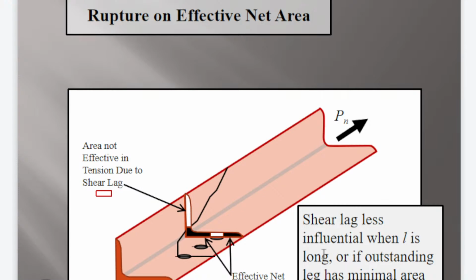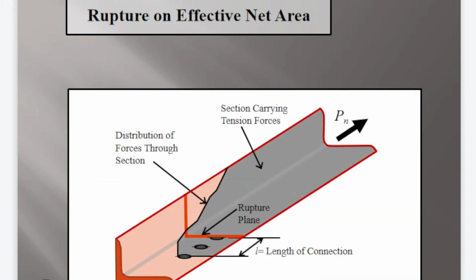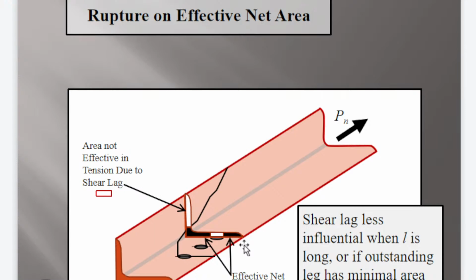What do you mean by L? From this to this, that is L, or when the outstanding leg has minimal area or eccentricity. L, take note, means length of connection. So when L is long, shear lag becomes less influential.